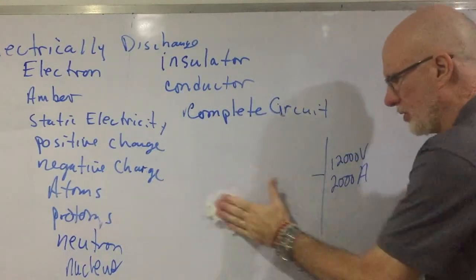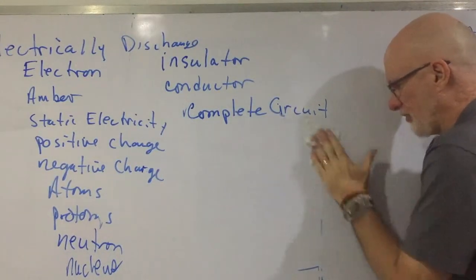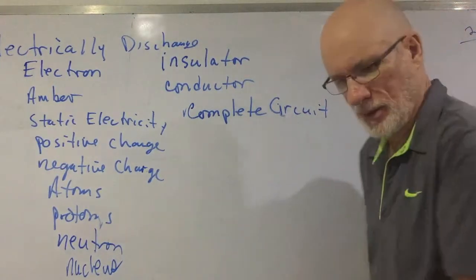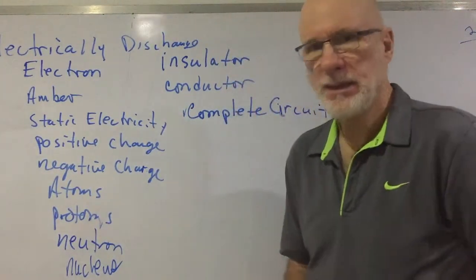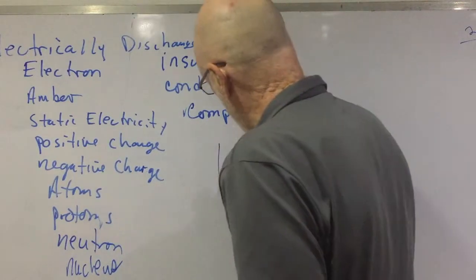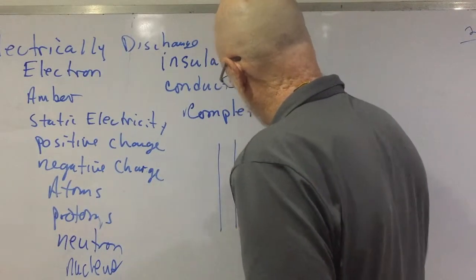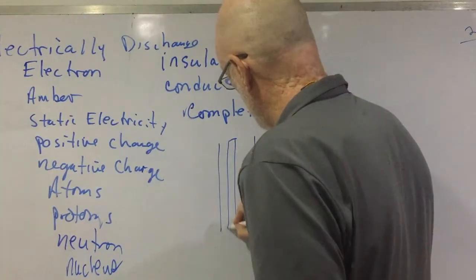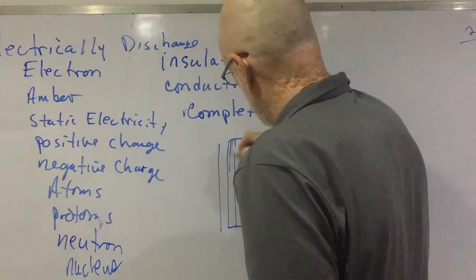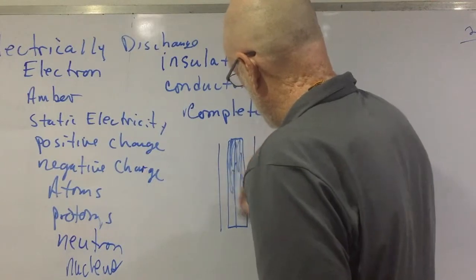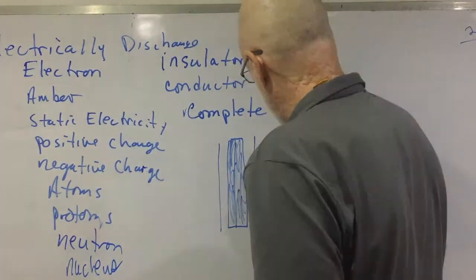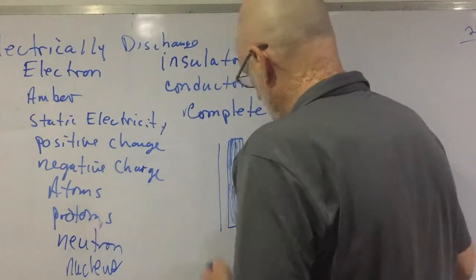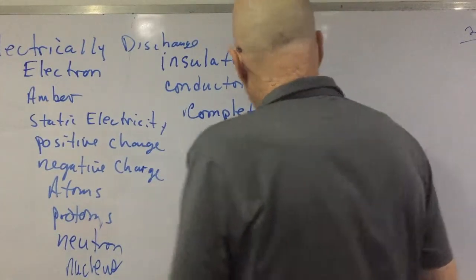Let me show you what the main difference is between a conductor and an insulator. Let's say I have 3 layers. This is a conductor, let's just use the letter C. This is a conductor.